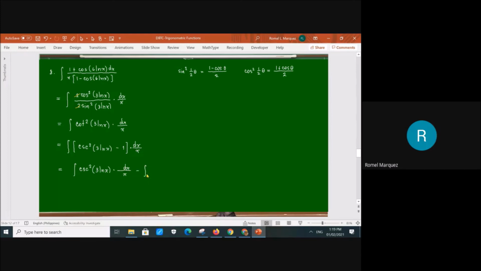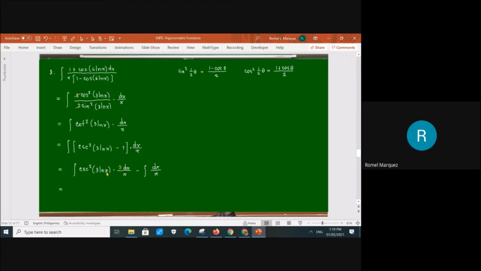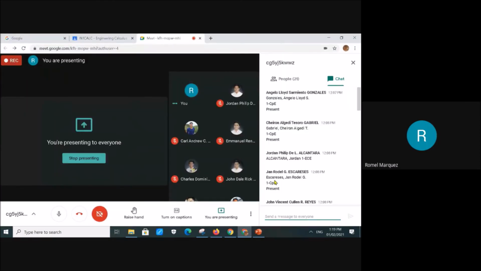Minus integral of dx over x. Okay? And this is equal to, I'm going to put here 3, because if this is my u, what is du? 3 dx over x times 1/3. Is that okay, guys?